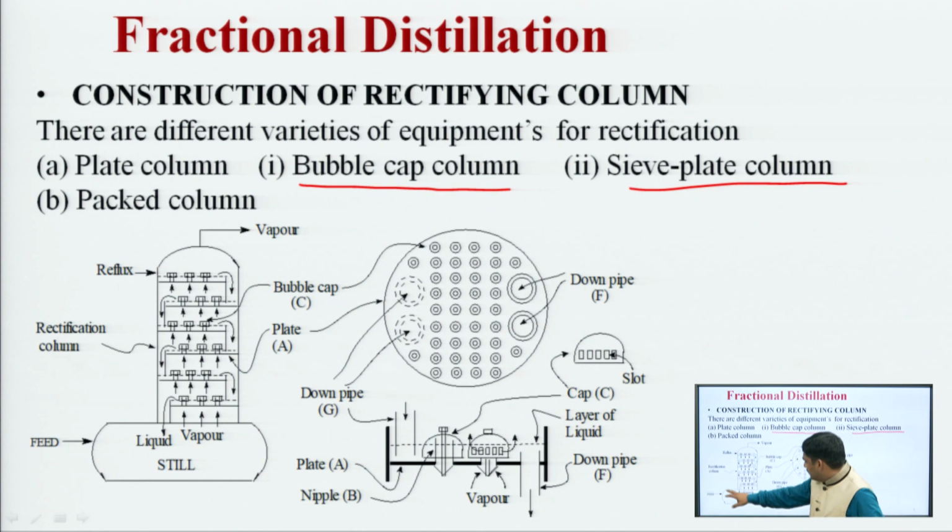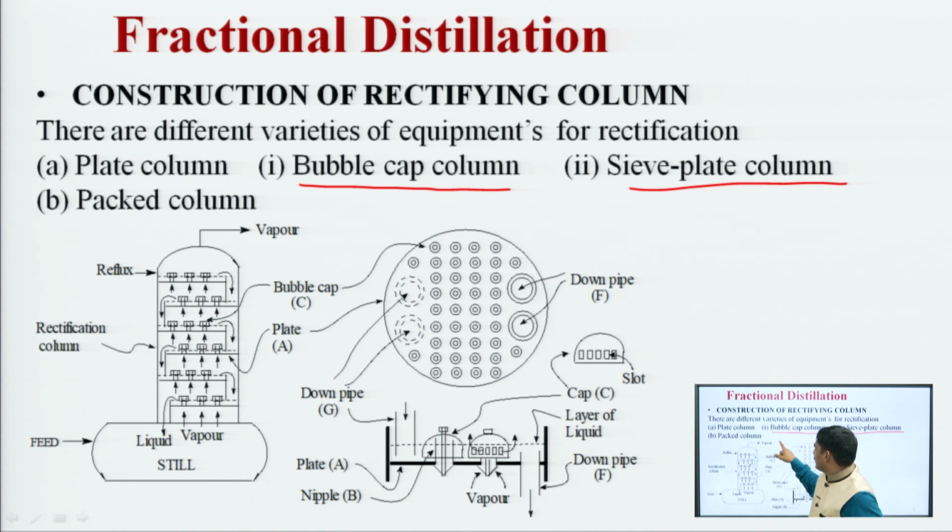Now we will discuss more about this rectification chamber. So, this is the still, here a source of heat is there, feed liquid is entered into this, and with the help of heat source the liquid is vaporized. This whole column is called as rectification column. Okay. This is refluxing.